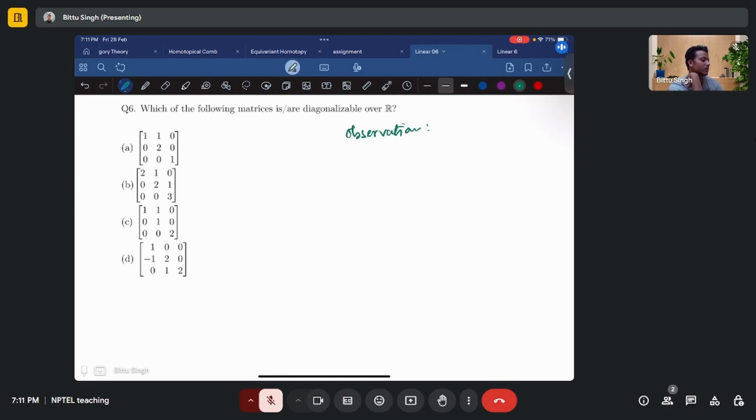What was that observation? For an upper or lower triangular matrix, the eigenvalues are the diagonal entries.